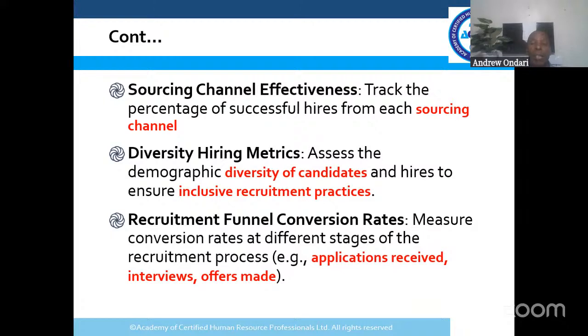So how do we ensure that these people are attracted to the organization? Those are the sourcing channels. One is an advertisement. So advertisement can be effective or not. Sometimes we ask our candidates how they got to know about the vacancy. They can say through a friend or through an advertisement. If the majority of candidates say that they saw the advertisement, then it means that that advertisement was successful.